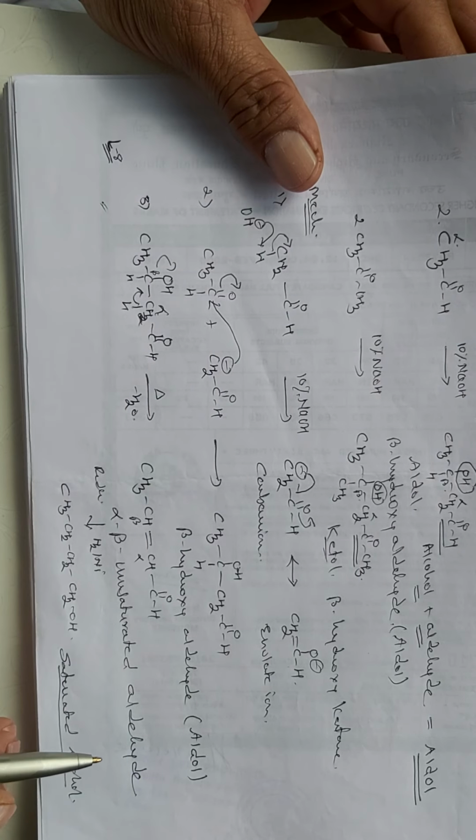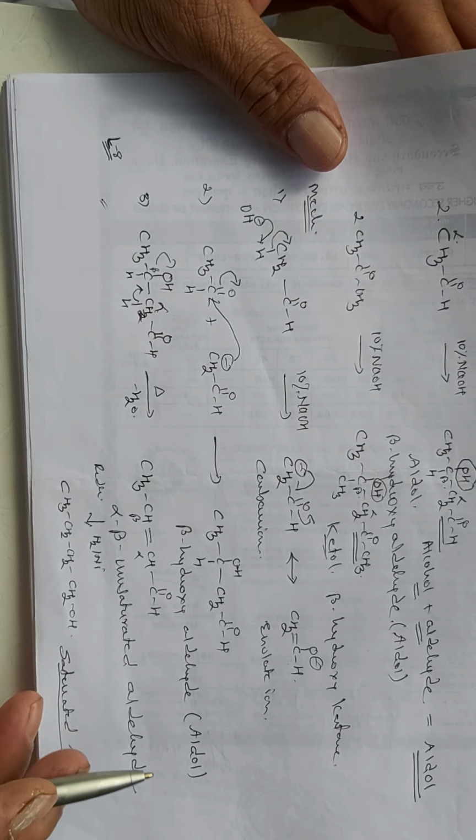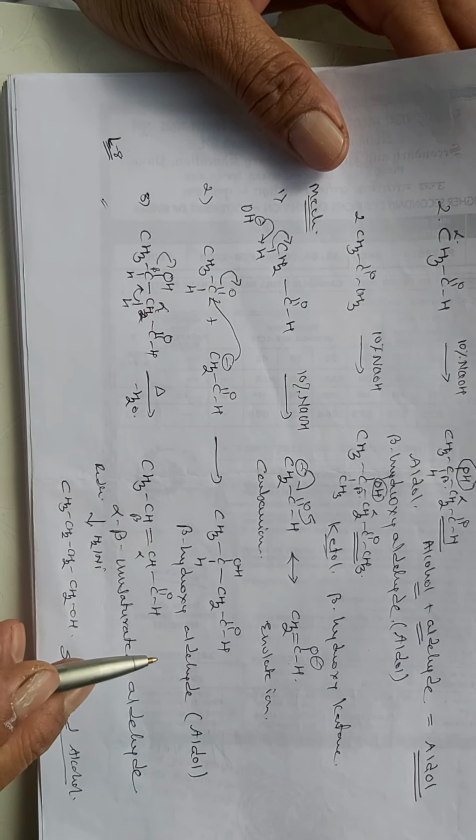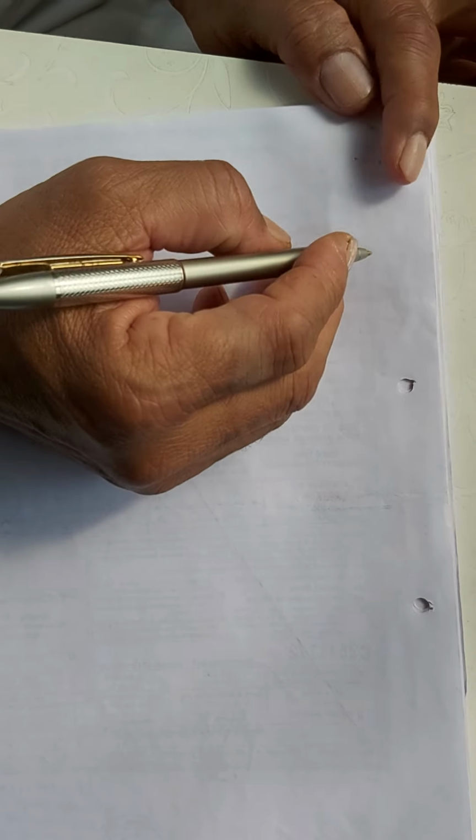So we have discussed that two molecules of aldehydes or ketones undergo self condensation. But if two different aldehydes or ketones which contain alpha hydrogen atoms undergo a condensation reaction, what will happen?